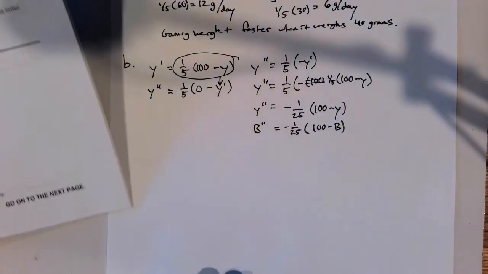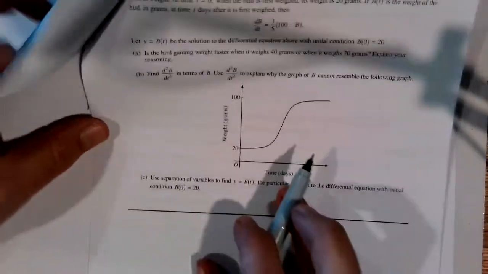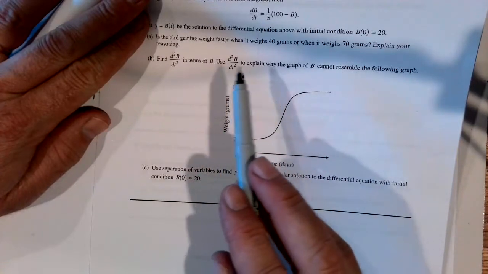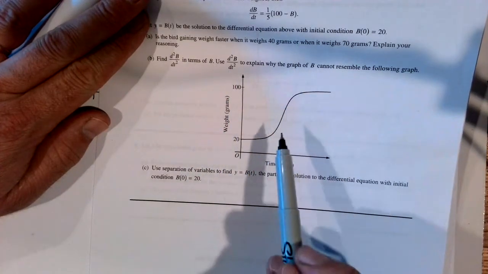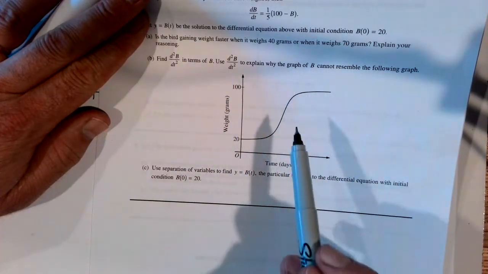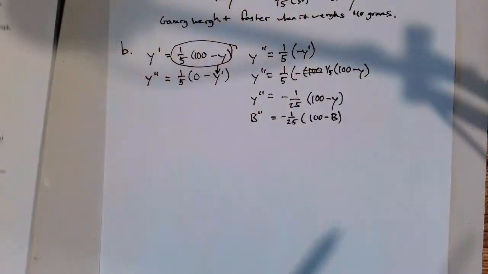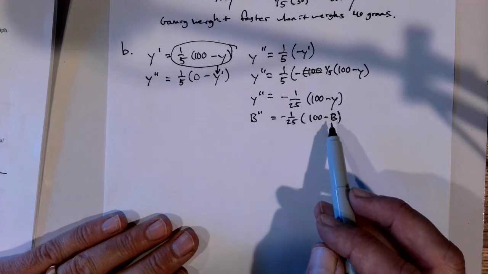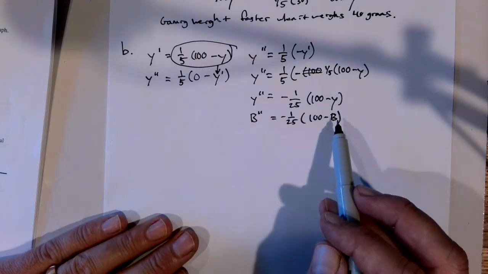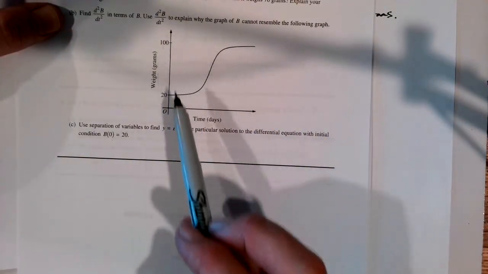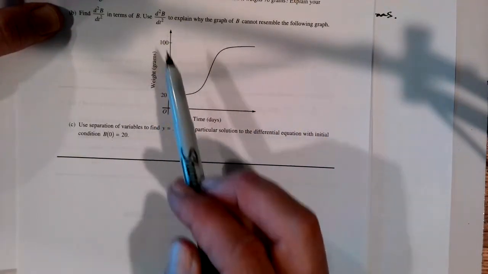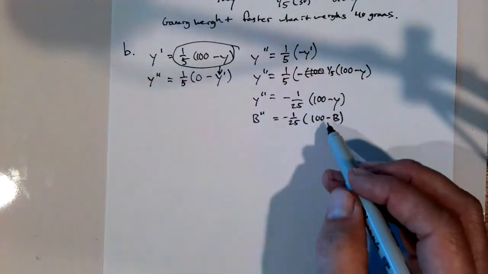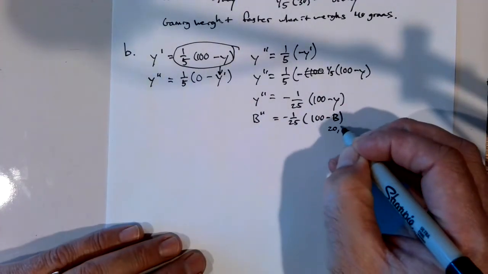In terms of b. Now, it gives us this interesting question about the graph. It says, explain why the graph of b cannot resemble this graph right here. Well, let's think about this, okay? It says that if you look at the graph here, we're going from 20 to 100. So that's the weight. That's B. So say that B is somewhere between 20 and 100.